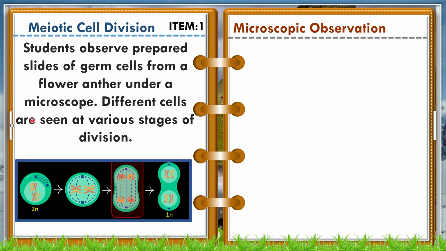Different cells are seen at various stages of division. We have the first cell here, the second cell, the third cell, and the fourth cell.